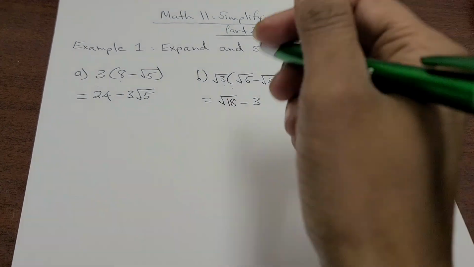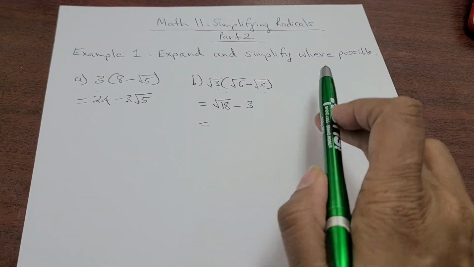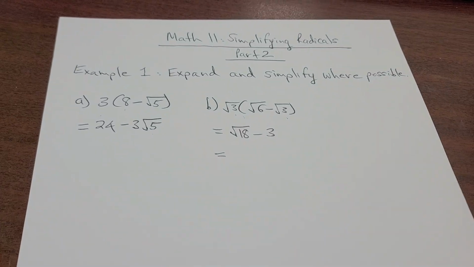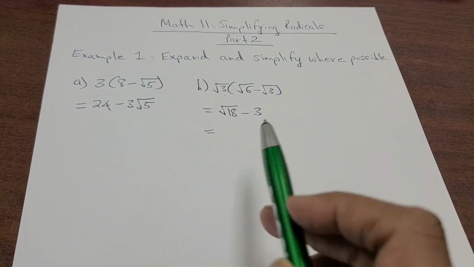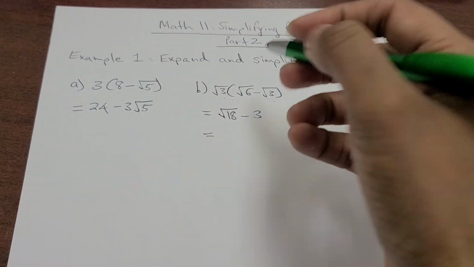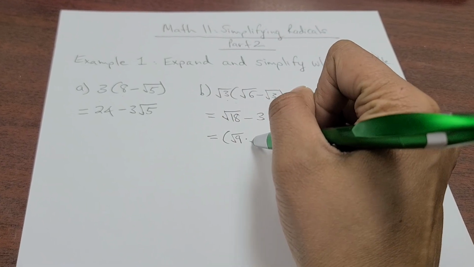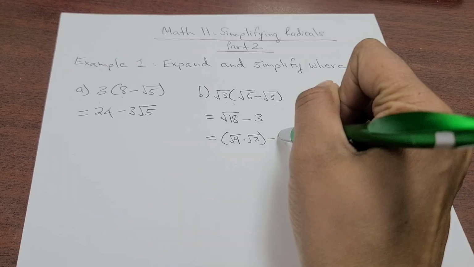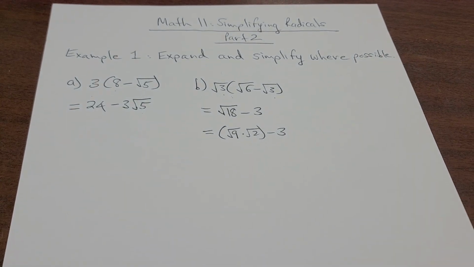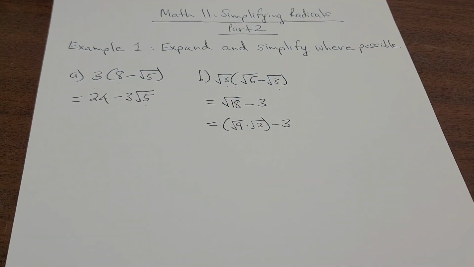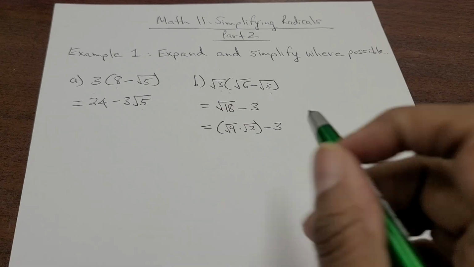Okay, however, don't stop here because it says simplify where possible, right? And so I can see that I can actually simplify the root 18. So I'm going to break that down to root 9 times root 2, and we'll keep the minus 3 outside the brackets. And why am I using these two factors?